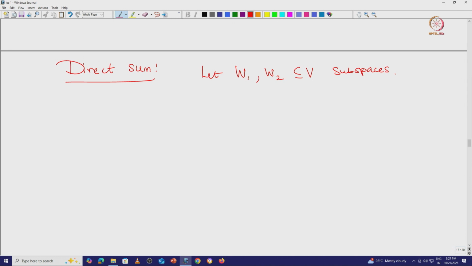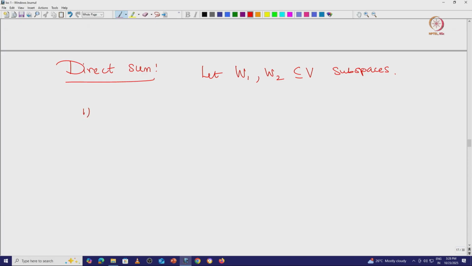So, then we want to say that V is the direct sum of W1 and W2. That means any vector can be written in a unique expression. Okay, let me just define it here.